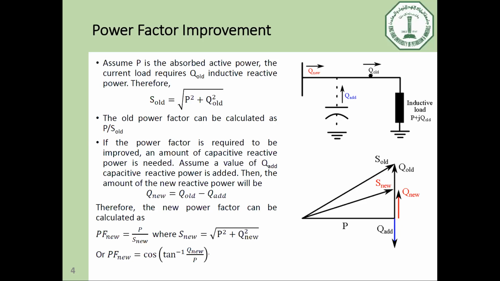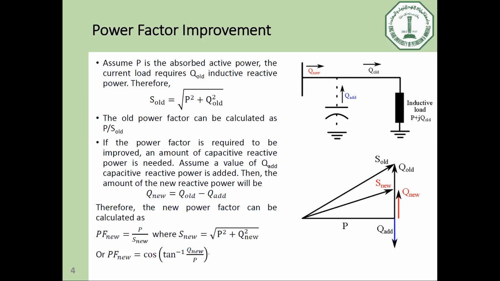So yes, Q old equals the sum of Q new plus Q add. Is it right? Okay. So Q old minus Q add will give you the amount of reactive power Q new. So this is only using node analysis.